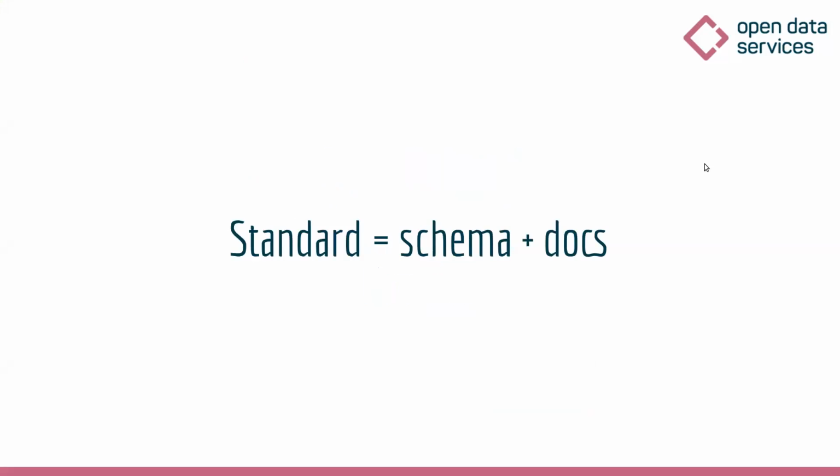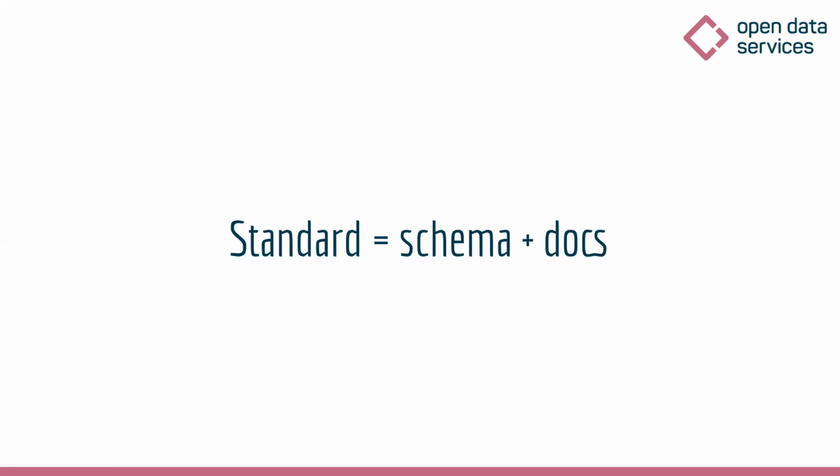James, can you move us on, please? I'm trying to avoid what the UK's chief medical officer got famous for in COVID briefings, saying, next slide, please. So at its heart, a data standard is a bunch of things that describe data, the schema, and a bunch of documentation, which tells the people using that schema the rules that either can't at all or can't easily be checked by a machine.